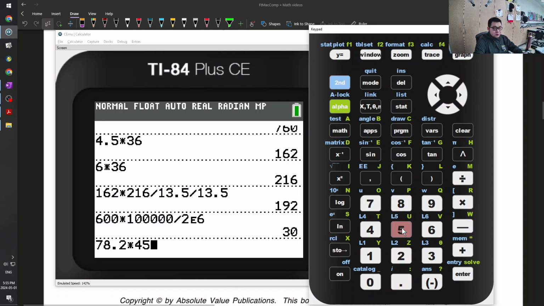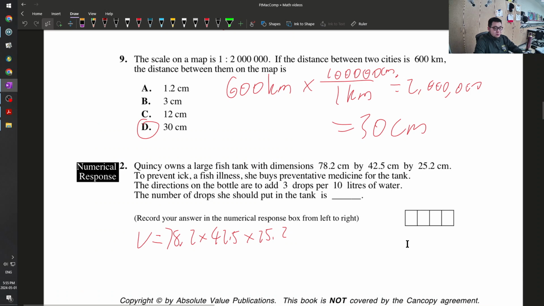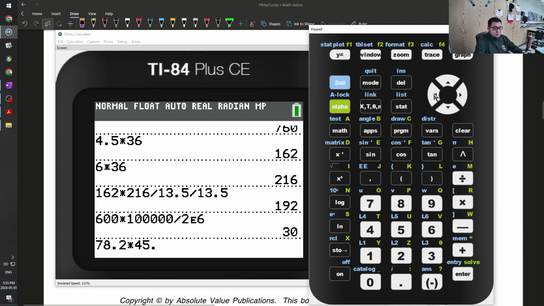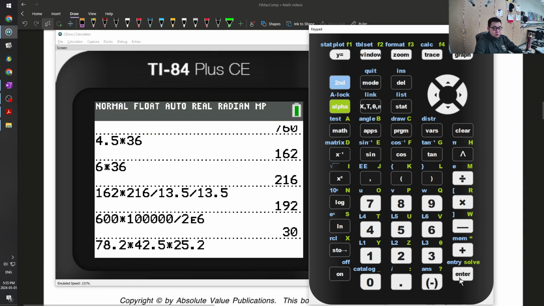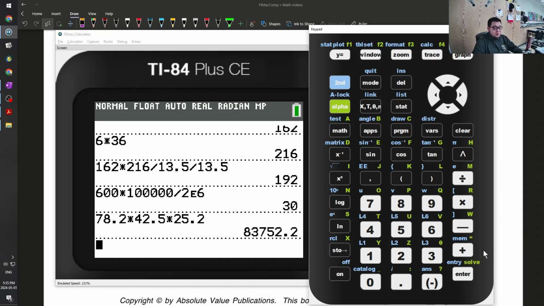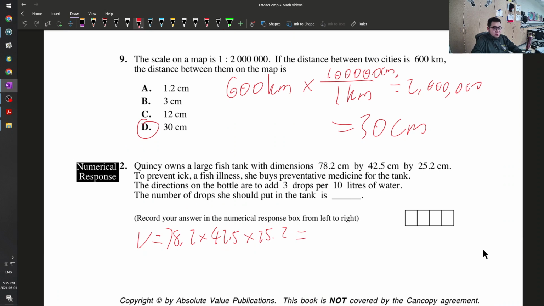78.2 times 42.5 times 25.2. 83752.2 cubic centimeters.